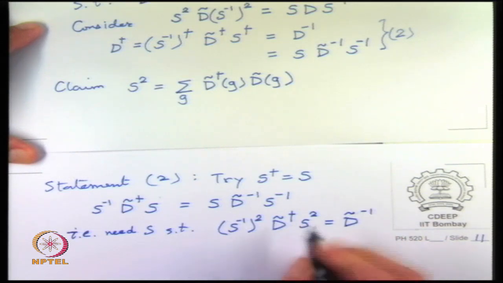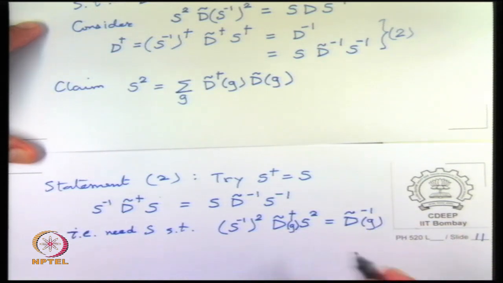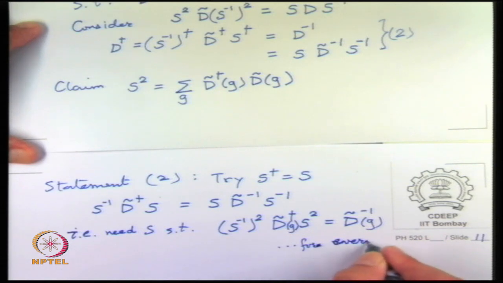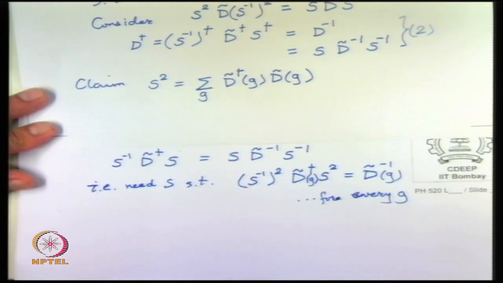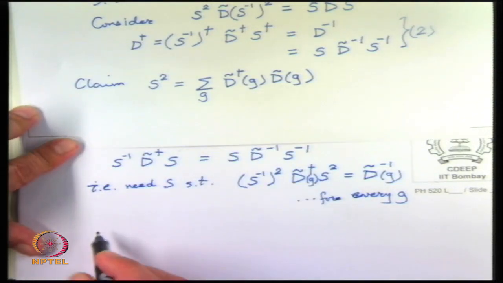And I forgot the most important part, for some specific G, and of course it is true for every G. For every G. So now we have proposed that S squared is of this form.